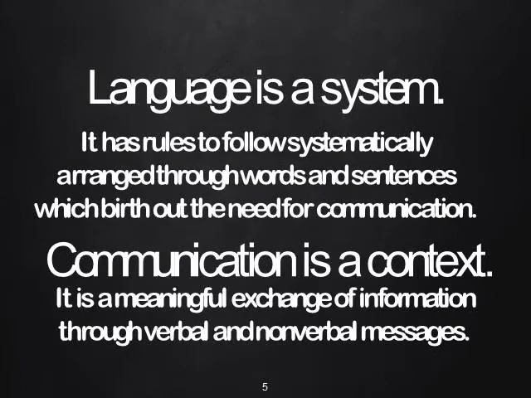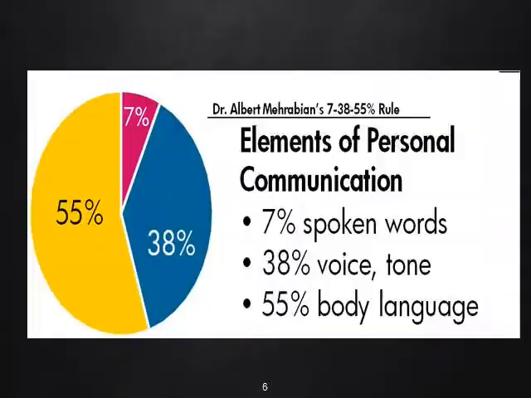So, language is a tool for communication. Humans, on the other hand, have this personal communication. Dr. Albert Mehrabian stated this 7-38-55 rule. We have 7% spoken words, 38% voice and tone, and 55% body language.